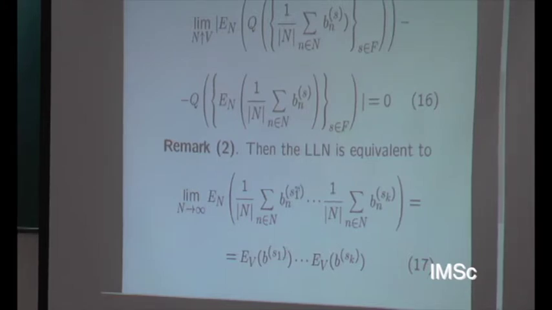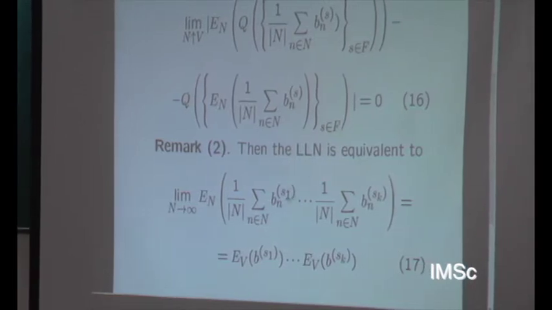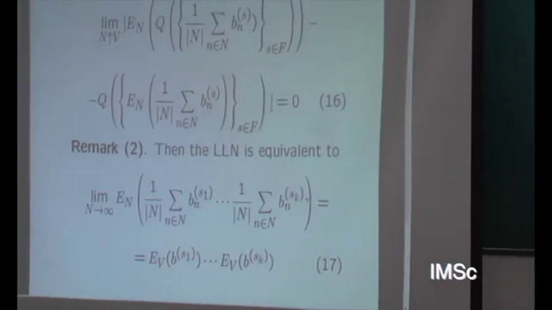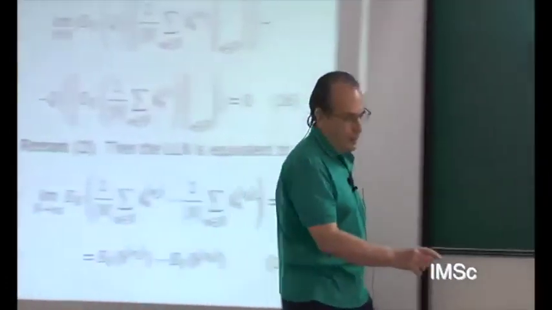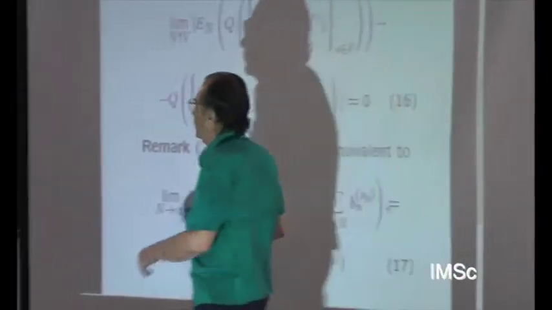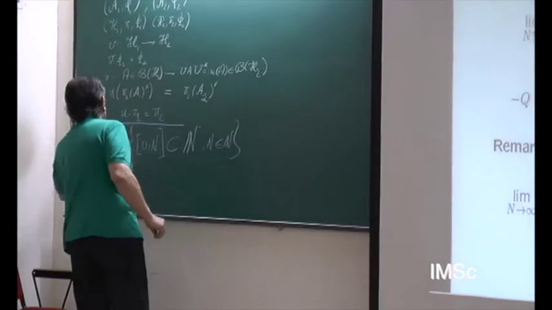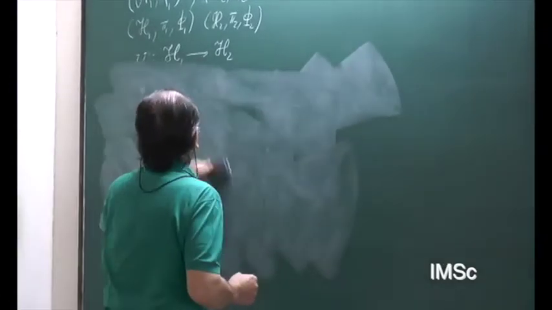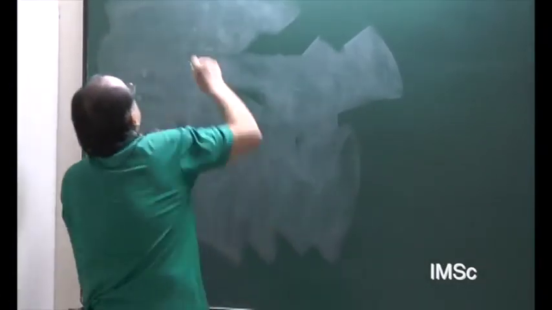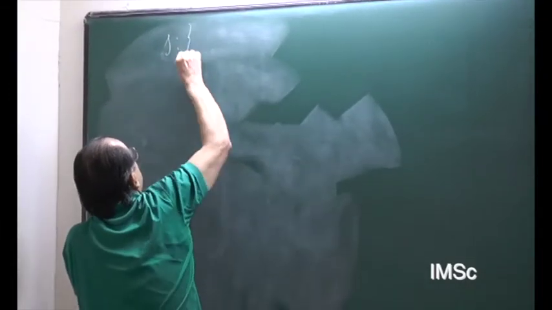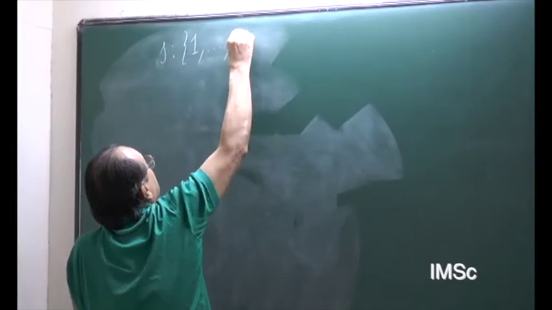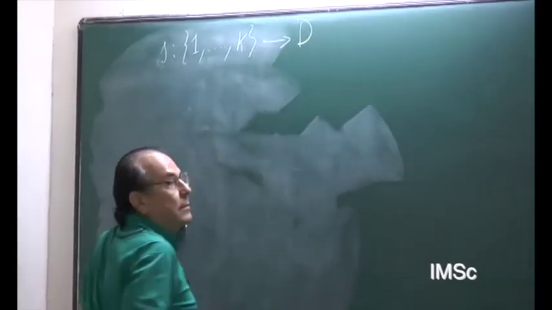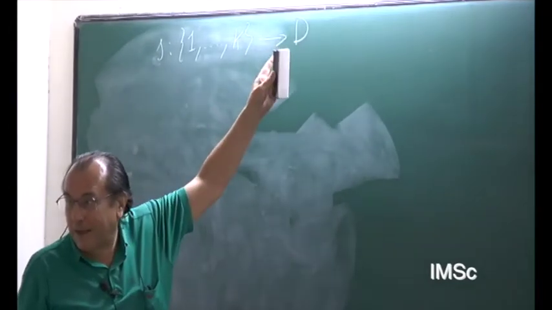Pay attention, when I speak of non-commutative monomial, it means that this k can be much larger than the cardinality of D. So this index S, you can consider it as a function from 1..k to the set D, that is the set of, remember, the components of the random variable.